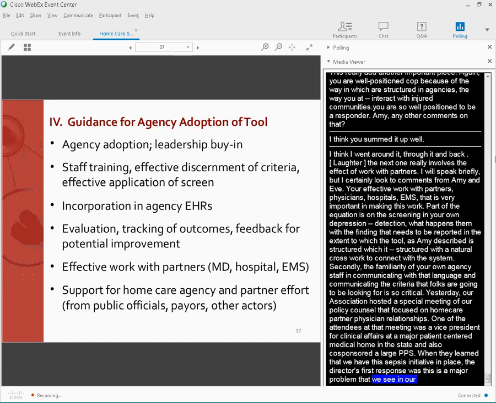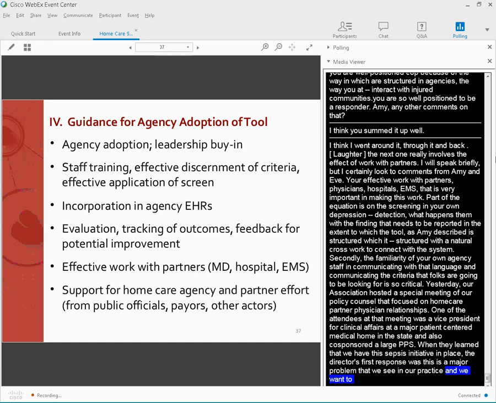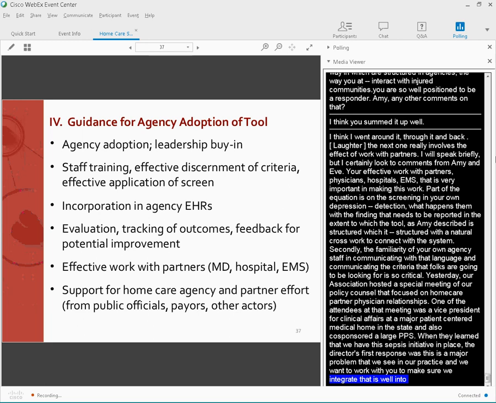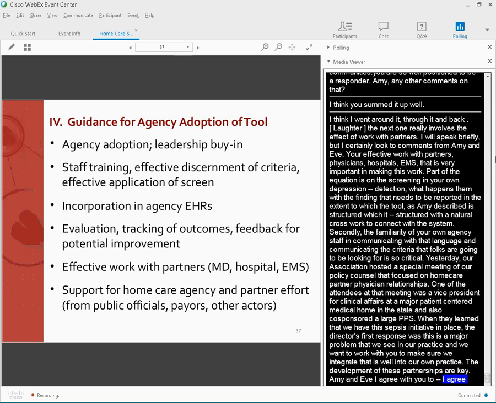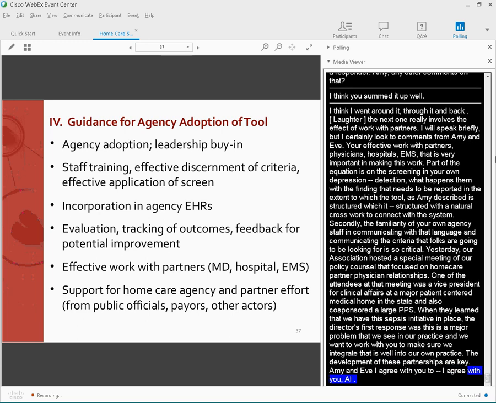Amy and Eve? I agree with you, Al. I would encourage everyone, once you have adopted and started utilizing the screen tool, to reach out to the providers, hospitals, and EMS that you work with, and let them know that you are utilizing this screen tool.